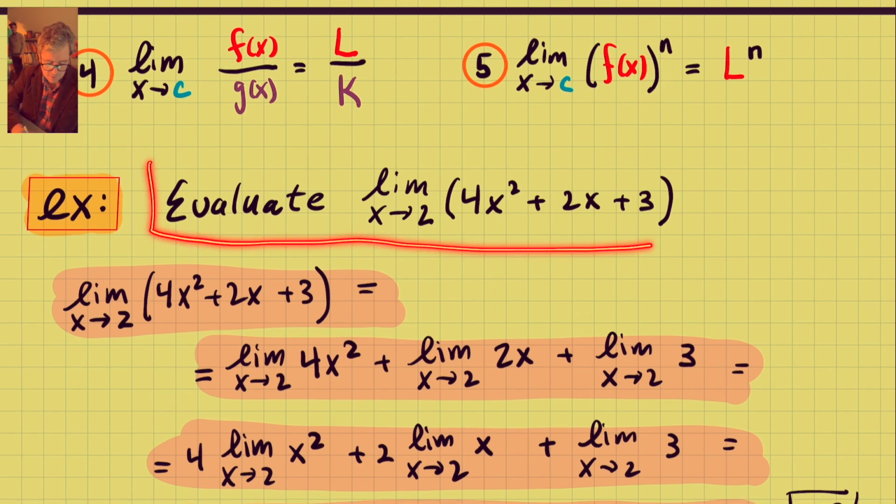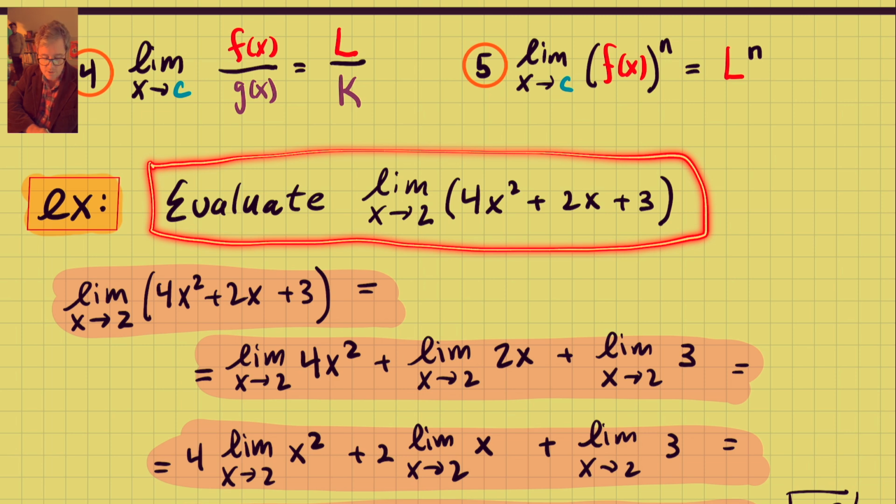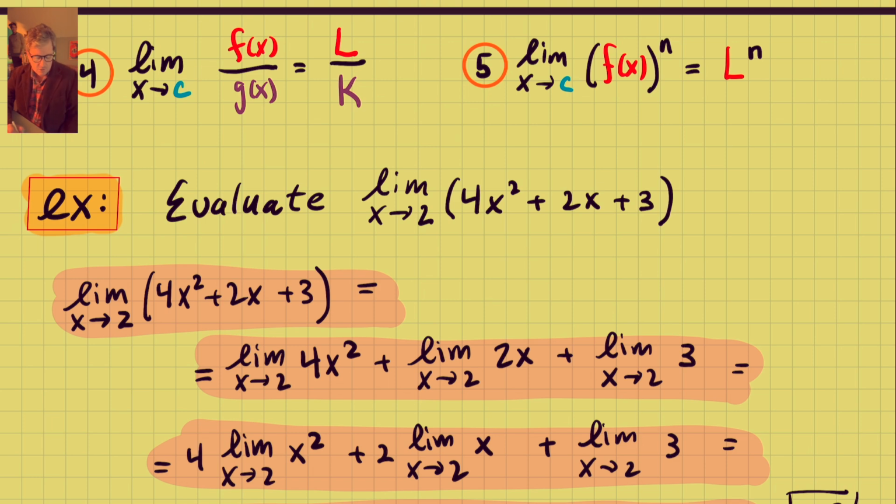I want to evaluate the limit as x approaches 2 of 4x squared plus 2x plus 3. What I can do is use the sum and difference theorem to break this apart. So 4x squared plus 2x plus 3 are three different terms, separated by addition. So I could break this apart.